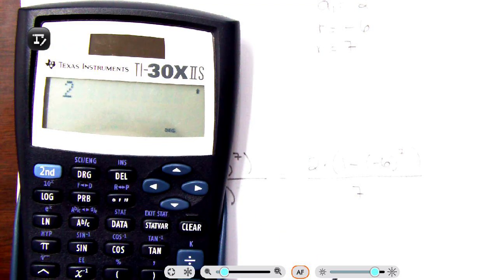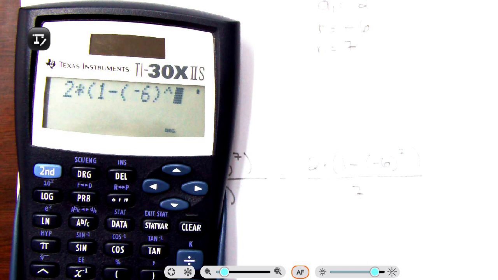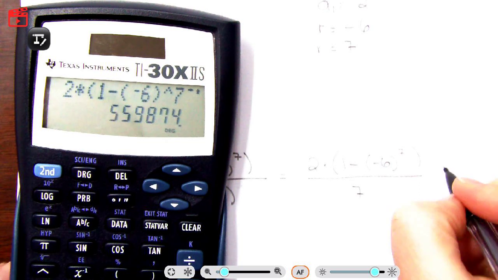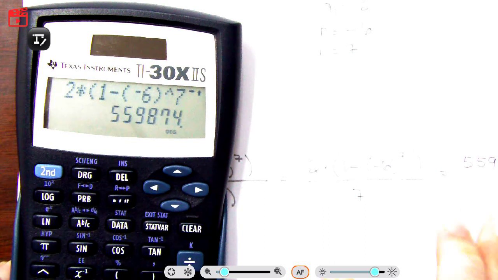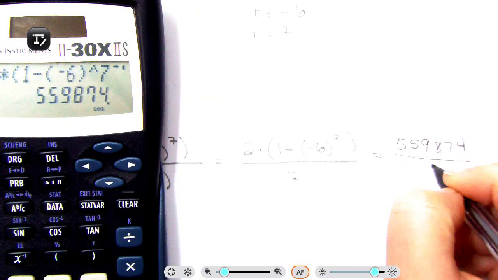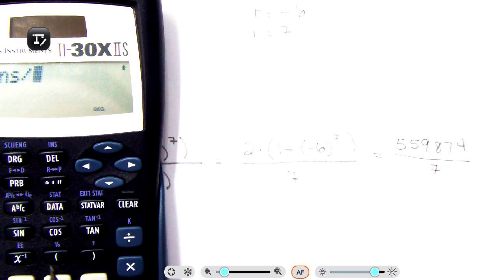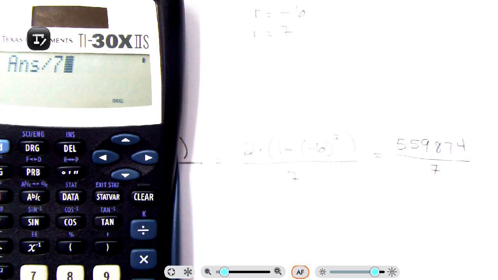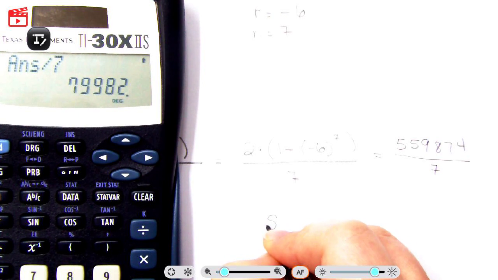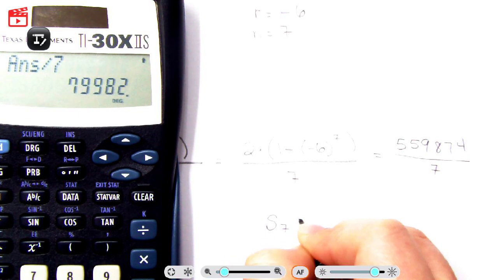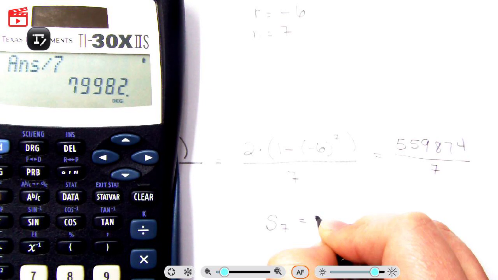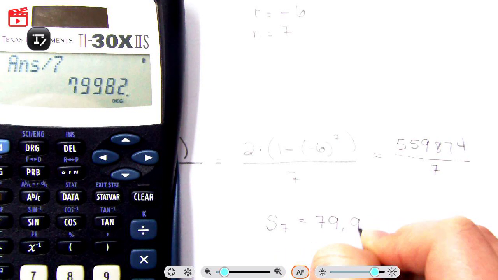So I'm saying 2 times parenthesis 1 minus parenthesis negative 6 parenthesis to the 7th power parenthesis equals, taking that number, writing it down just in case, dividing that by 7, and it gives me S sub 7 is equal to 79,982.